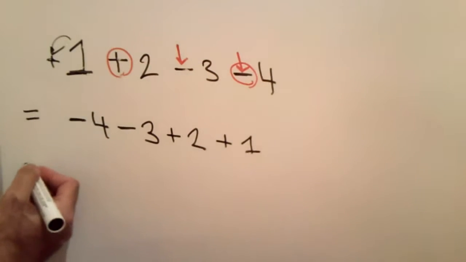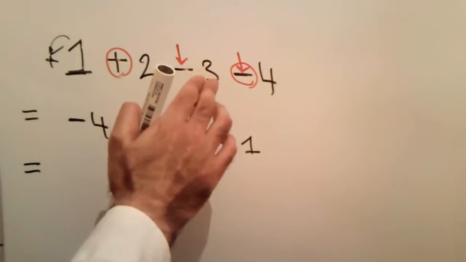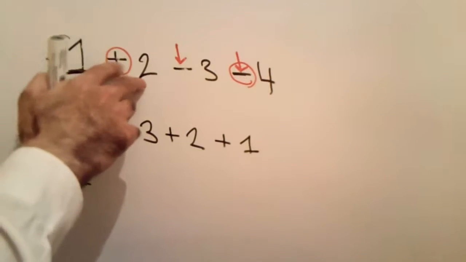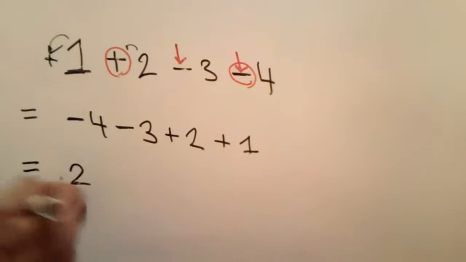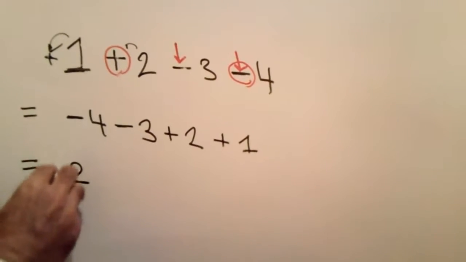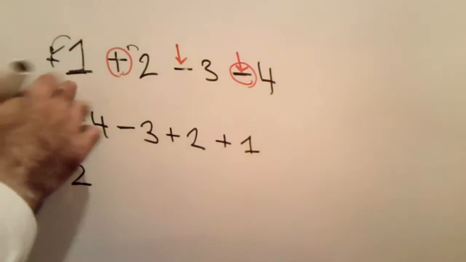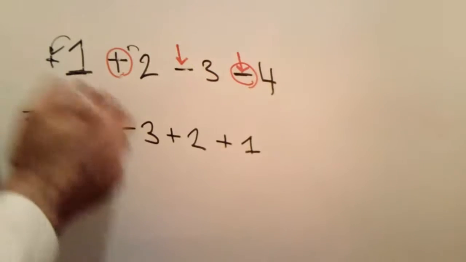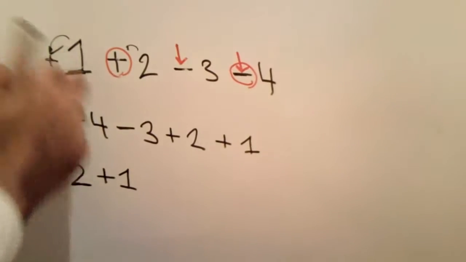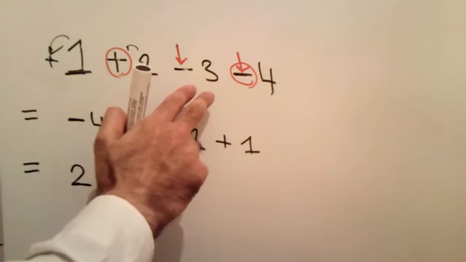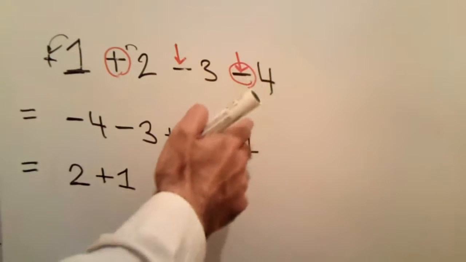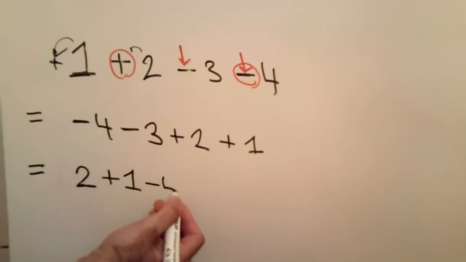Continuing on with this example, let's rewrite it in another way. Let's start with 2. Remember that the sign is positive on the left hand side, so it'll be 2. We don't need to write the positive here. Now let me choose 1 next. That's a positive again, so it's plus 1. Sign is on the left hand side. Let me pick minus 4. Now the operator is takeaway, so we write takeaway 4.